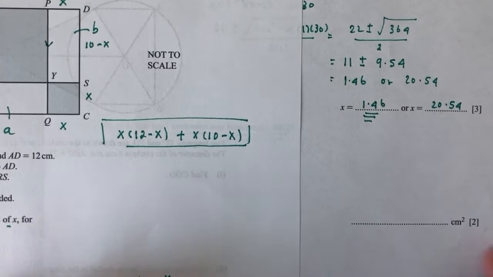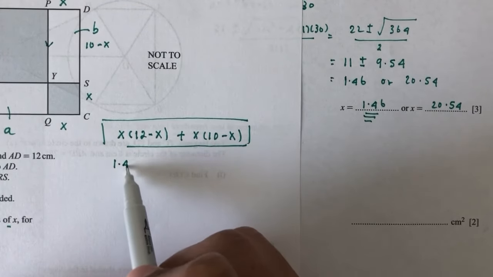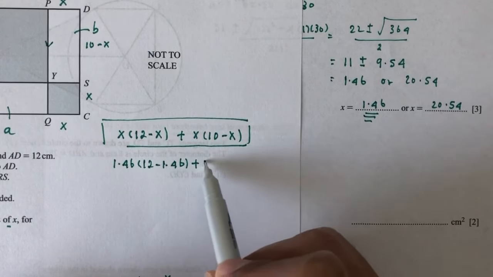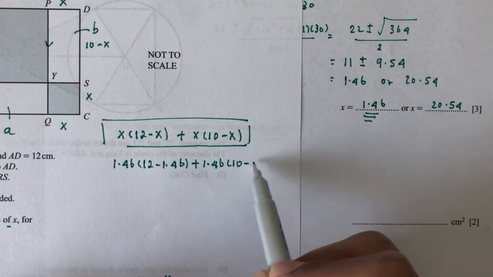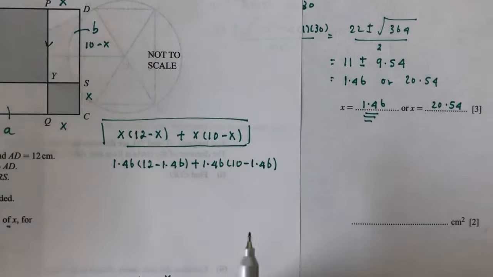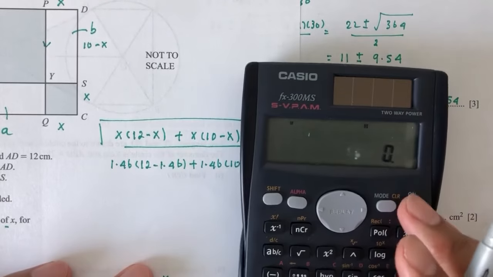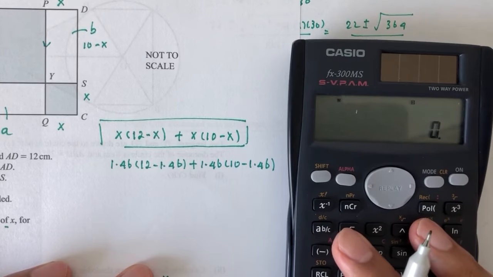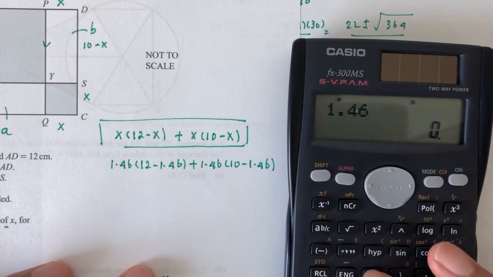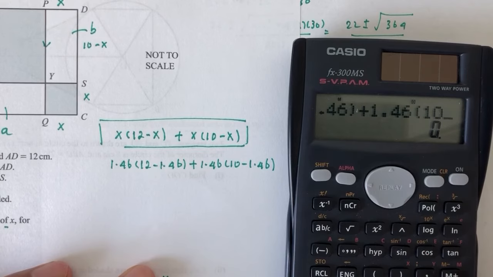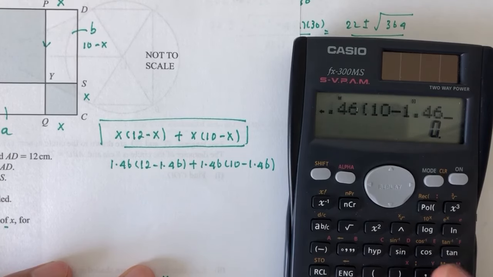So 1.46 as x: 1.46 times 12 minus 1.46, plus 1.46 times 10 minus 1.46. So let's use our calculator to find this answer. We have 1.46 bracket 12 minus 1.46, plus 1.46 bracket 10 minus 1.46.